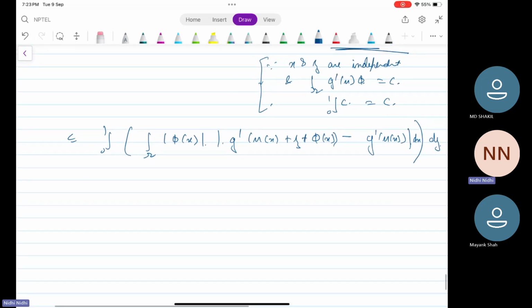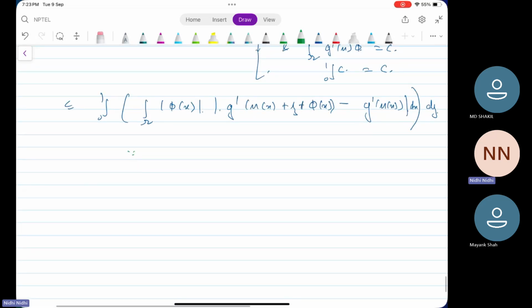Now since we are given that g' is continuous, because g was a C1 function, this implies that as t goes to 0, g'(u + tzφ) will go to g'(u).